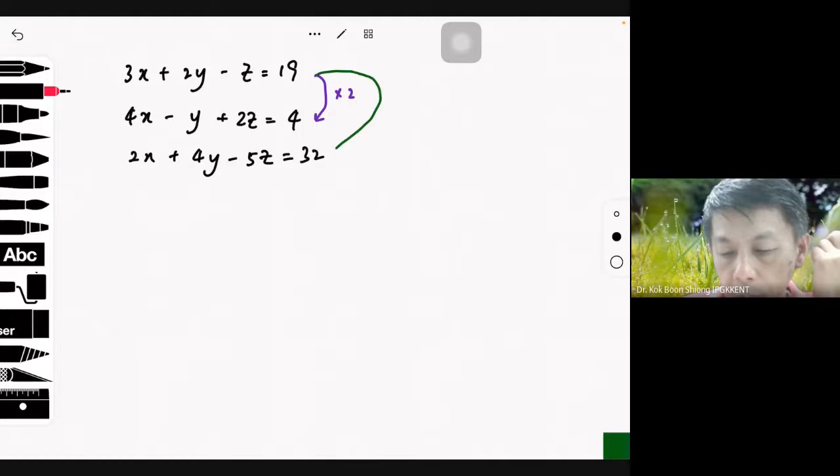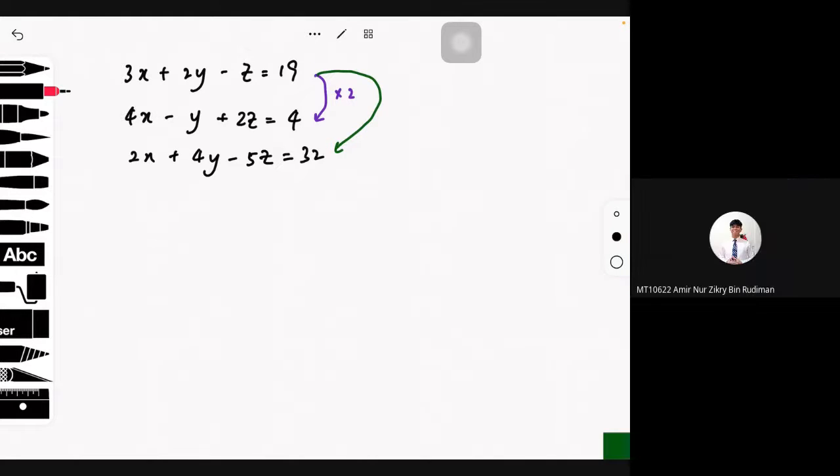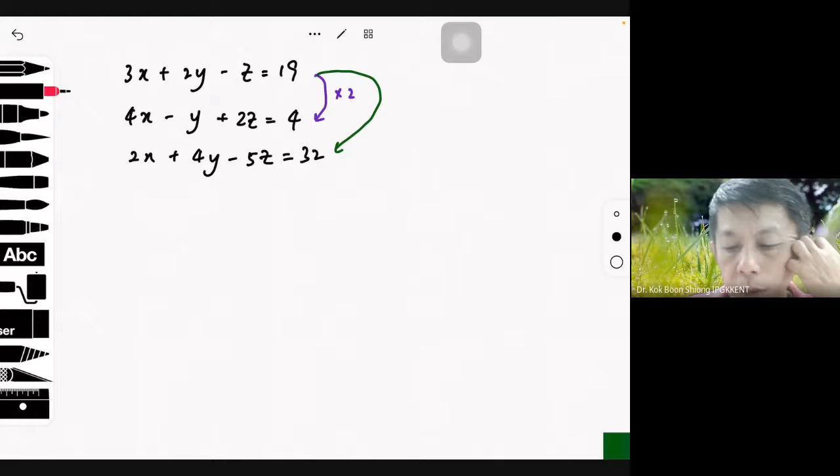So to eliminate this, we can multiply. I use 5 because I'm eliminating the third variable. So times 5.